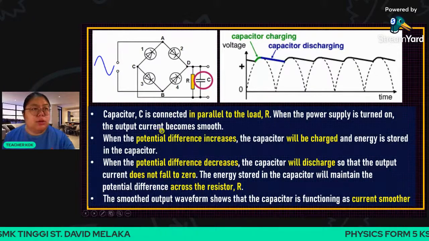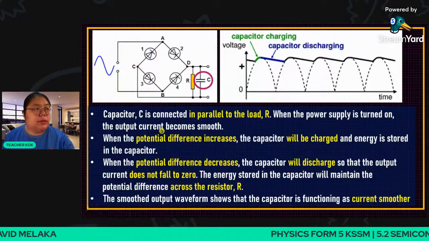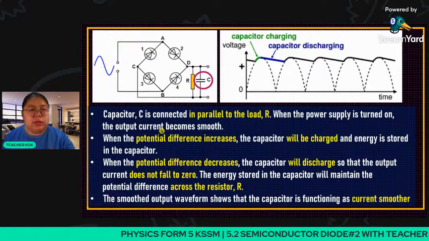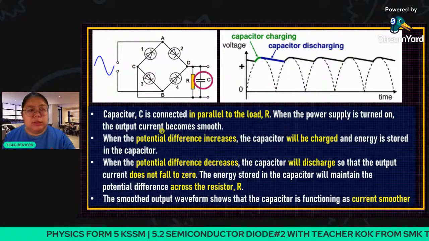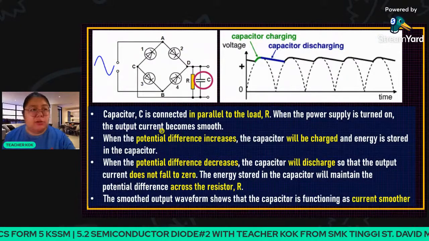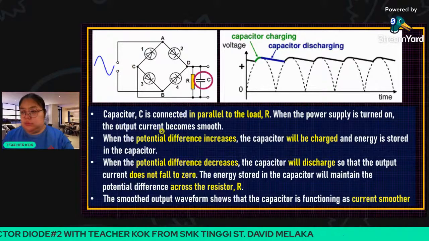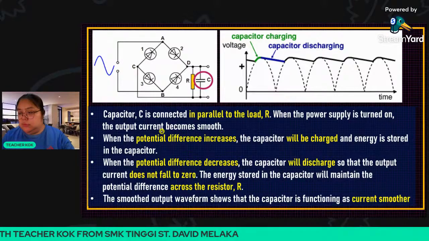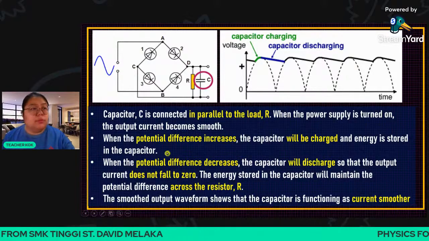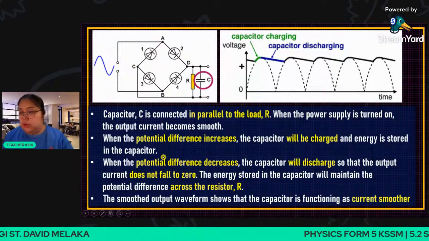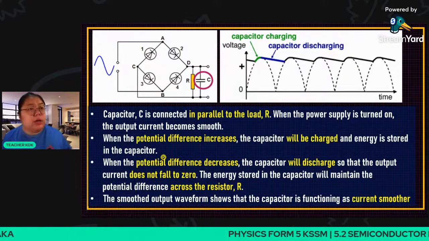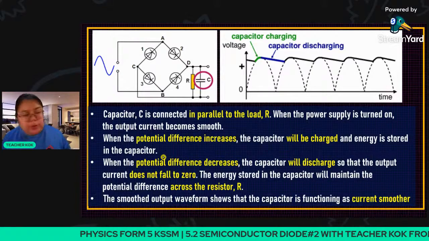Who's on the line that can answer the question? Yiru, can you answer or not? If I'm using DC, can the capacitor function or not? Students, I don't know, is it a line problem or what? Still no one to answer me.